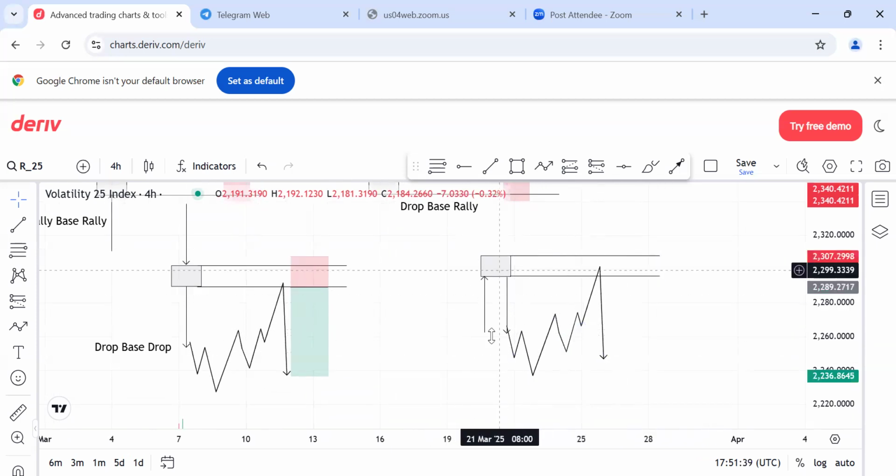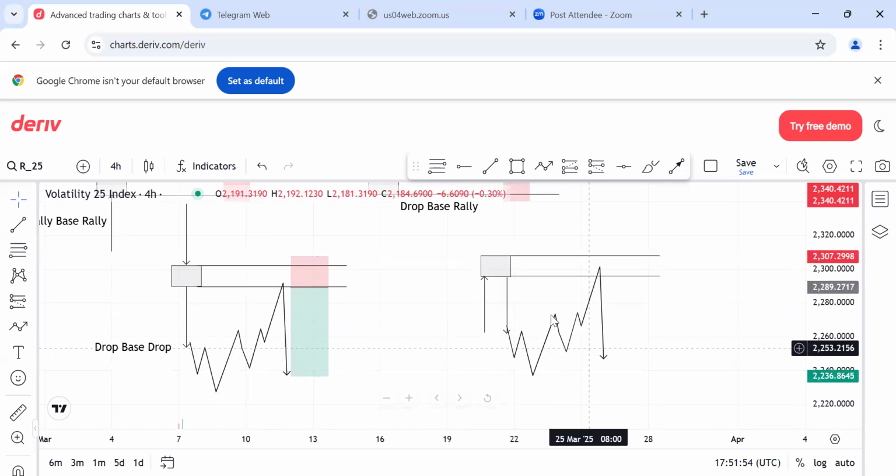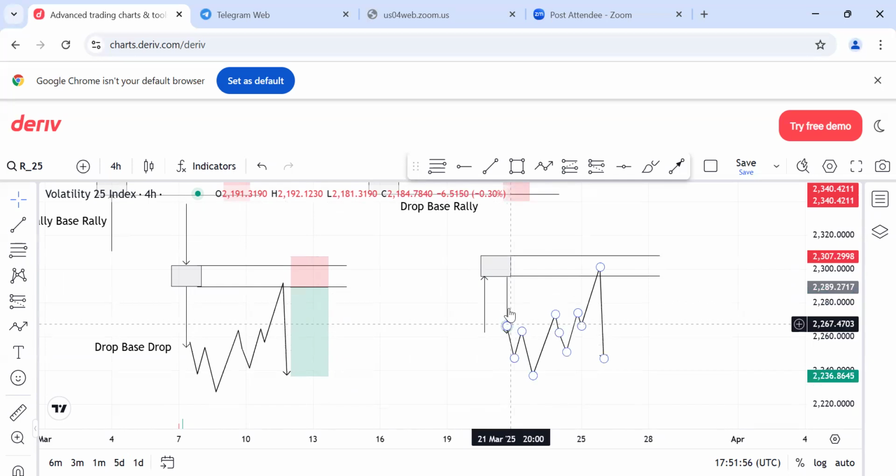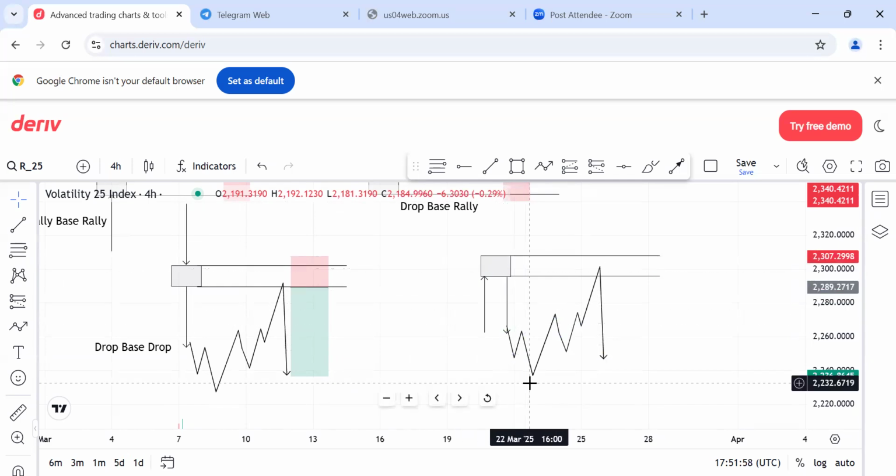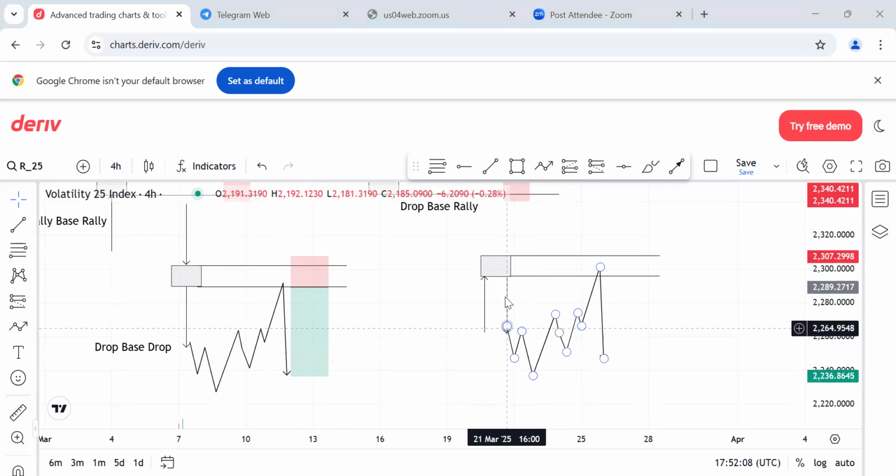Not all of their sell orders would get filled to produce a sell move, but the majority of their orders would get filled, which would produce this first sell move out of the base level, which is the drop. We call it the drop. So after price drops out of the base level, it is understood that not all of their sell orders got filled. The majority that got filled produced the sell move.